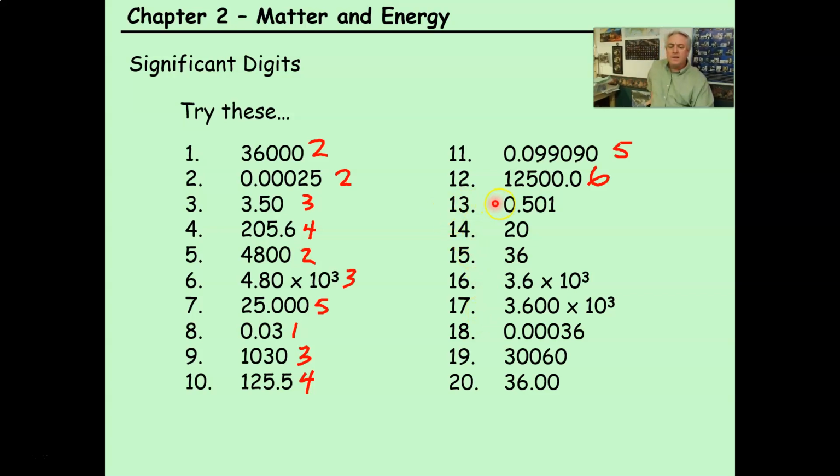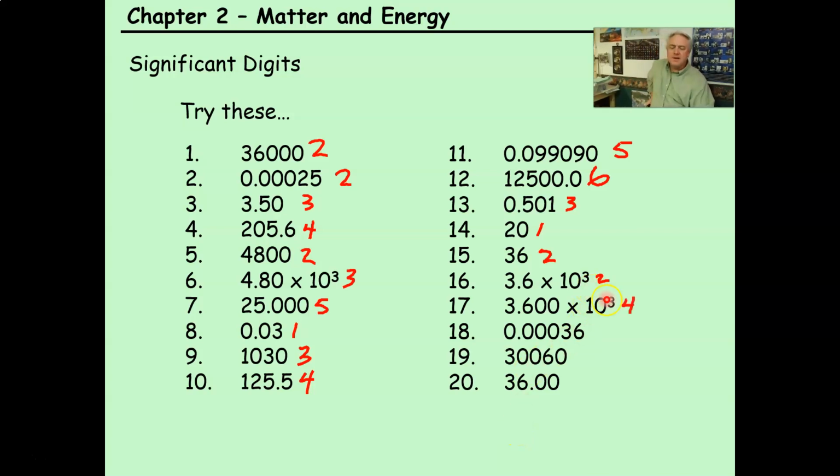13, coming in from the left, don't count it, and then I count it, count it, count it, 3 digits. No decimal, coming in from this side, don't count it, and then there's only 1 significant digit. 3.6, of course, that'll just have 2. 3.6, that also has 2. 3.600, that now has 4.